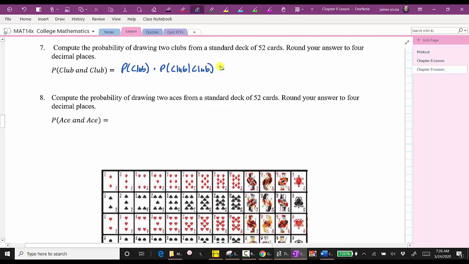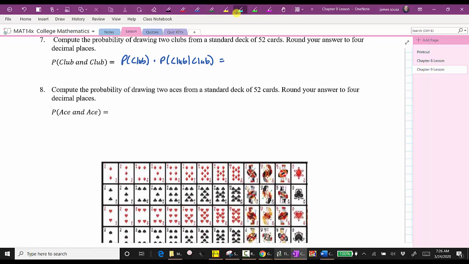So let's take a look at our cards below. Let's highlight the clubs, which are these 13 cards here. So the probability of selecting a club on the first card is 13 divided by 52, or 13/52, because there are 13 clubs out of 52 cards, times the probability of a club given the first card is a club.